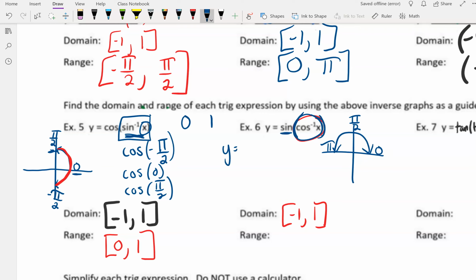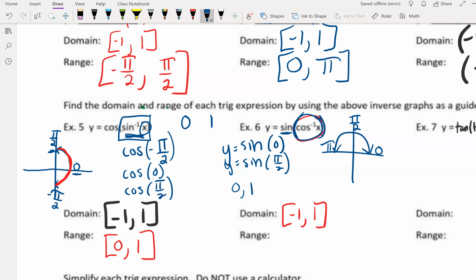So y equals sine of 0. Well, sine of 0 equals 0. So 0 is a possible answer that we got out. Now let's also do y equals sine of pi over 2. Well, sine of pi over 2 is 1.